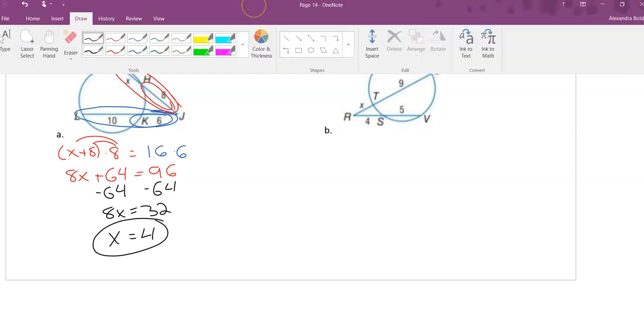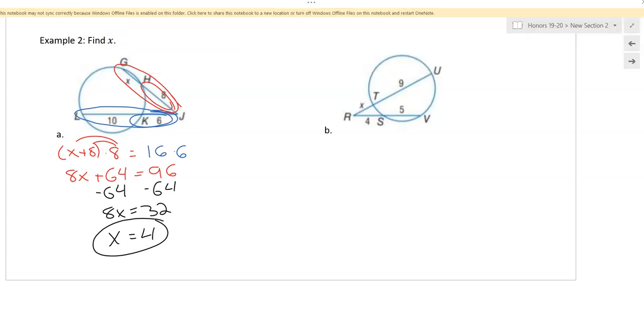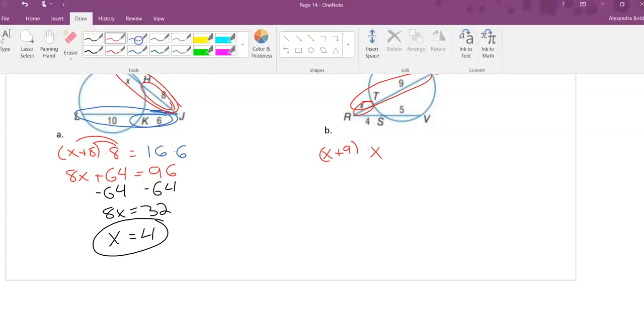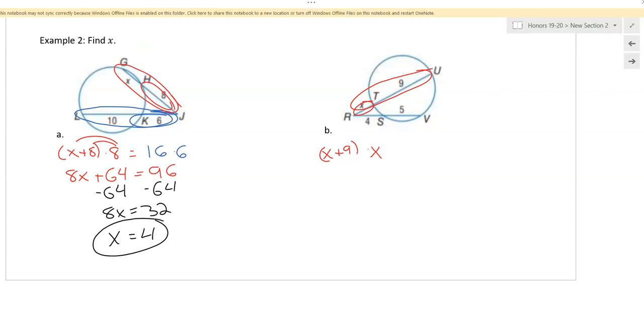Part B, same type of idea. This whole thing is 5 plus 4, which is 9, times just this piece, which is 4.